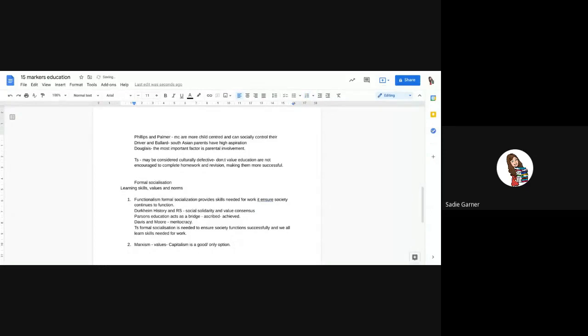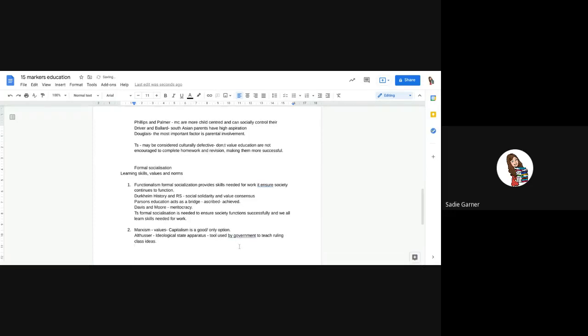So we're going to have Althusser. Education is nothing more than an ideological state apparatus, a tool used by government to teach ruling class ideas, again, like capitalism is good or the only possible viable option.